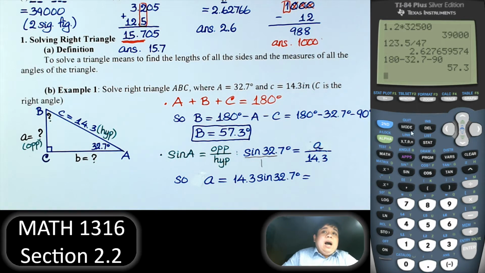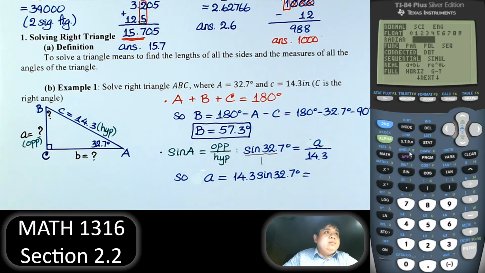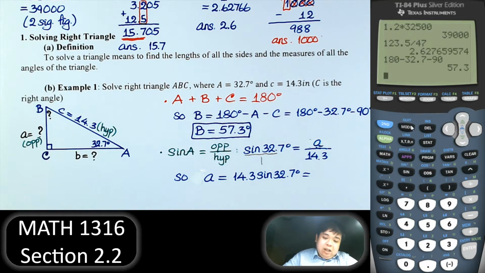Before we do any calculation involving trigonometry, make sure that the calculator is in the right mode. It has to be in degrees mode because we have degrees. So 14.3 times sine of 32.7.